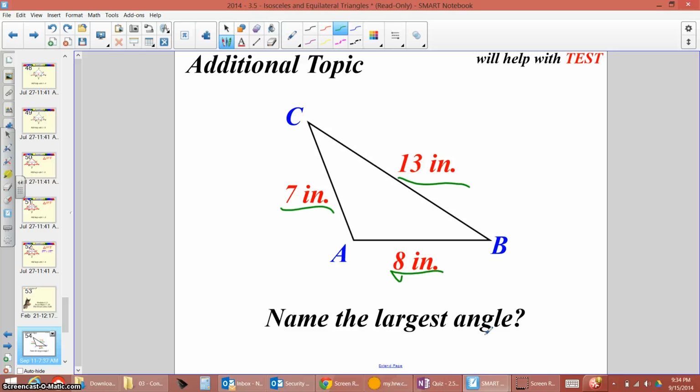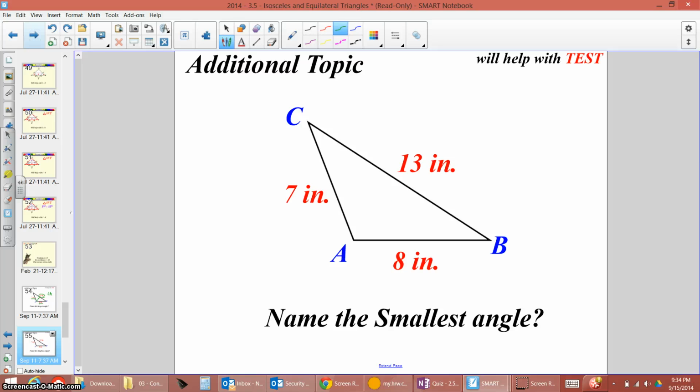You look at the biggest side, it's 13 inches, right? And the biggest angle is the angle opposite the biggest side. So the largest angle here is angle A, because it's the angle opposite the largest side.